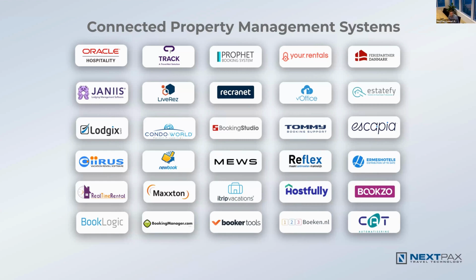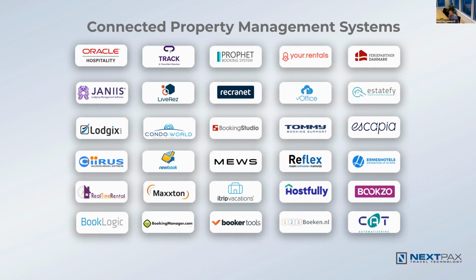As you can see, there's a high coverage in the US where we connect with Cyrus, LiveRes, Genesis, Real-Time Rental, Logic, Track Hospitality. iTrack is also part of our ecosystem. And then in Europe, we also, of course, have our partners such as Bookstone, BookLogic, Booker Tools, Booking Studio, and Retranet.